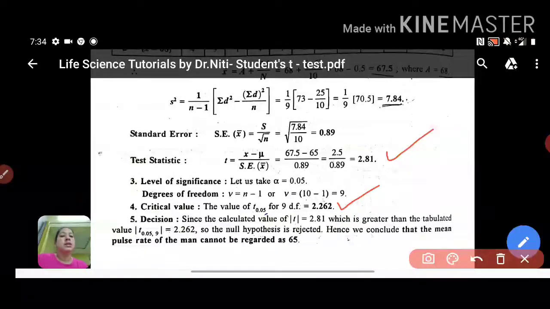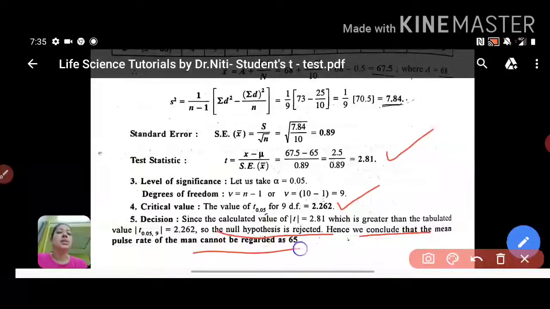So the calculated t value is more as compared to the tabulated t value. So here null hypothesis is rejected. That means we cannot conclude that the sample mean is 65. That means there is a significant difference between the population mean and the sample mean. In this way you have to calculate.